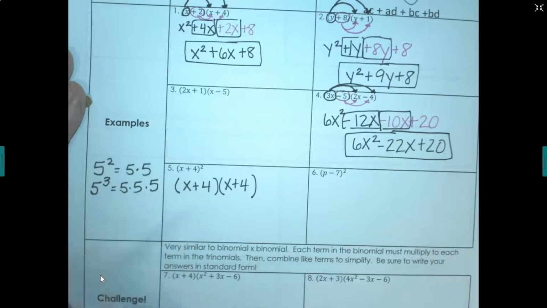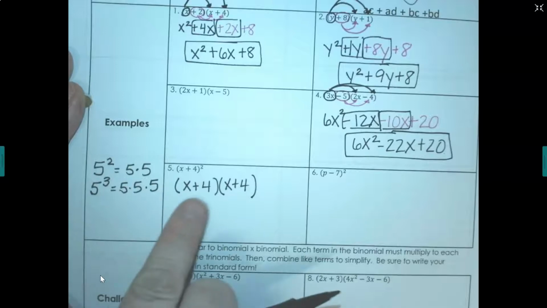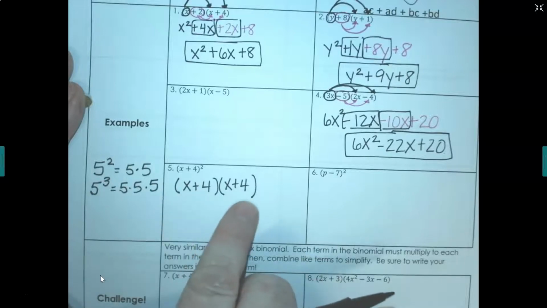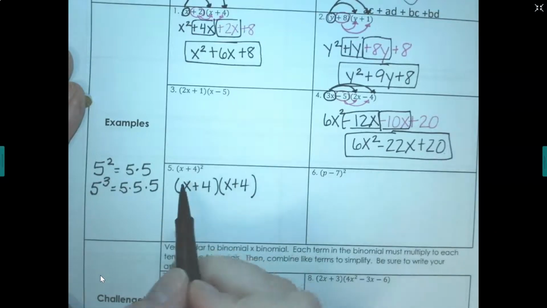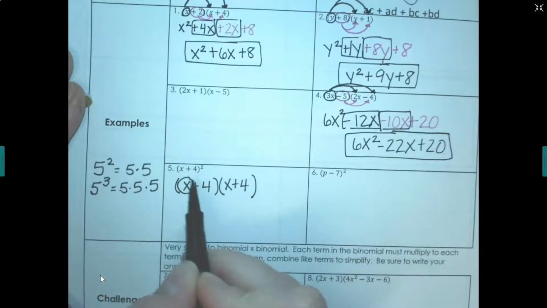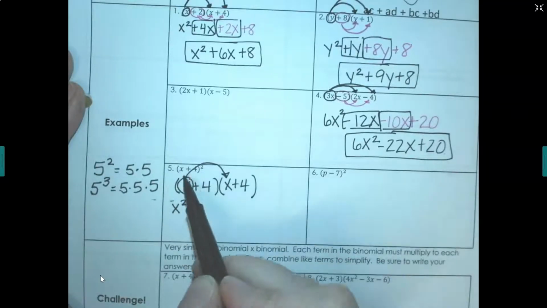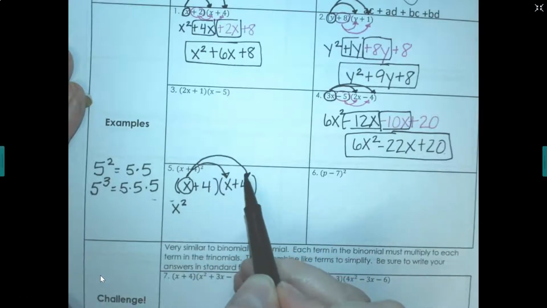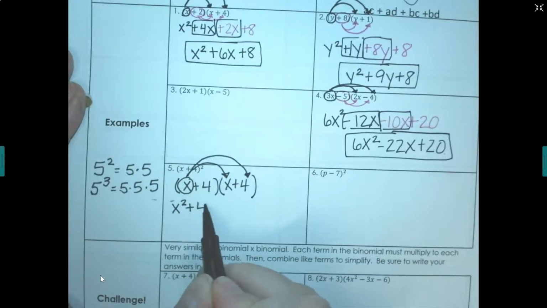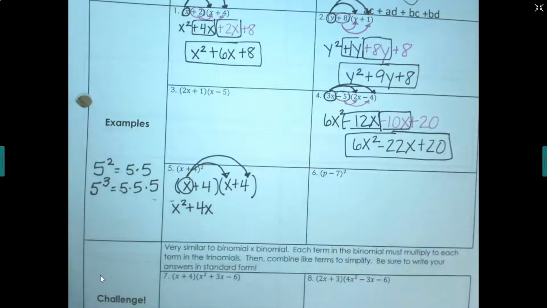Now, if you look at this, you'll notice it is no different than what we've already done. I have 2 terms that have to multiply to 2 terms. So let's try it. I'm going to start with just the first term, and we have x times x for a total of 2 x's, so it's going to say x squared. Then I have x times 4, which will be plus 4x.